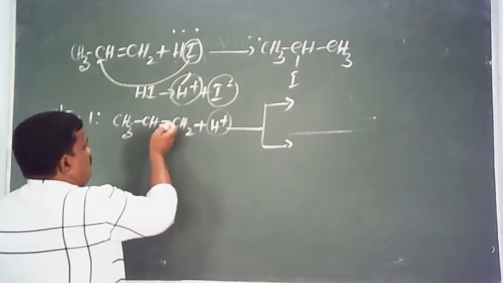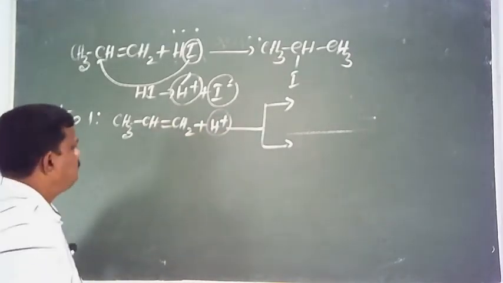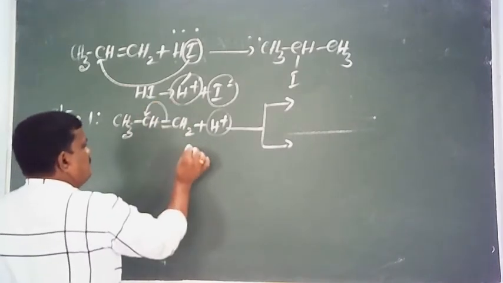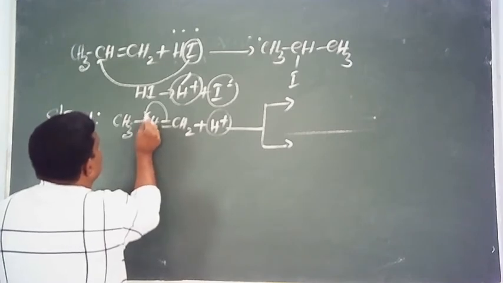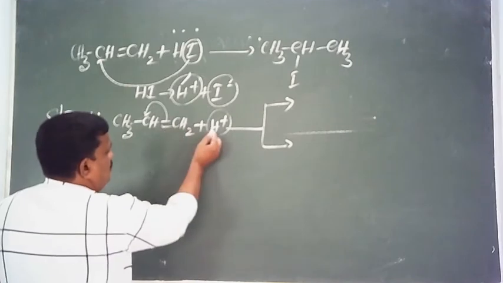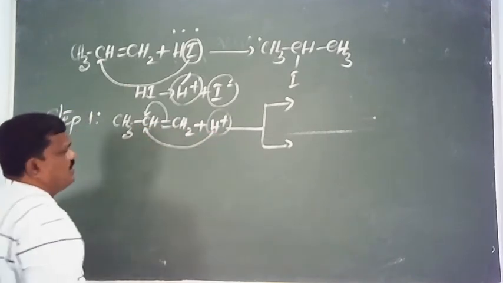Let me write both possibilities. Say the pi bond gets shifted to this carbon. As a result, this carbon becomes electron rich and this becomes electron deficient. The electrophile attaches to the carbon which is rich in electrons.